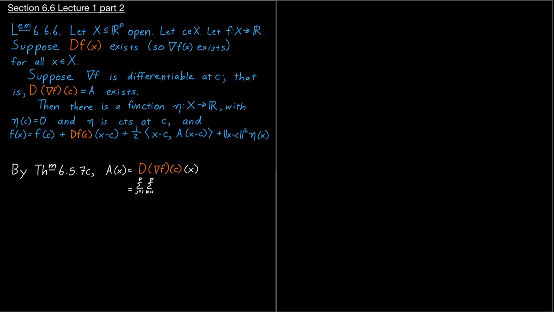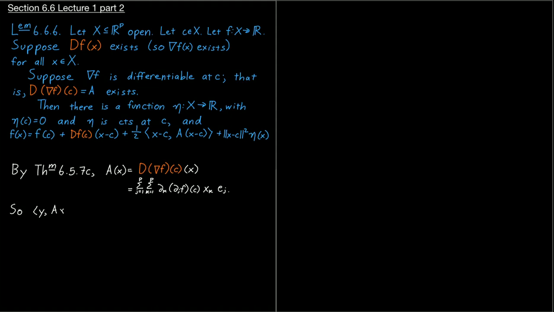And then partial k, and then we put in the jth component of our function we're differentiating, which in this case is partial j f of c, and then we multiply the whole thing by xk, the kth component of our vector x, and then we have to put the jth unit standard basis vector in.